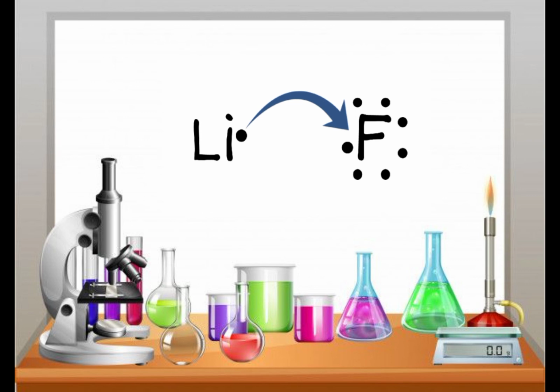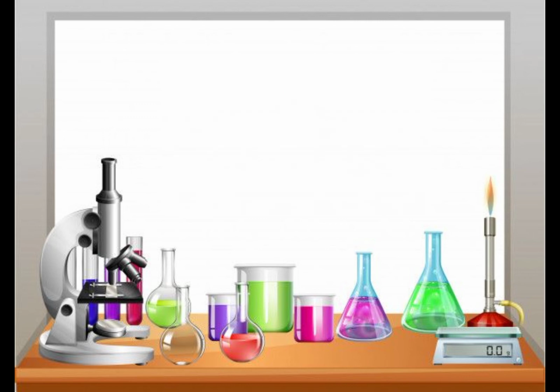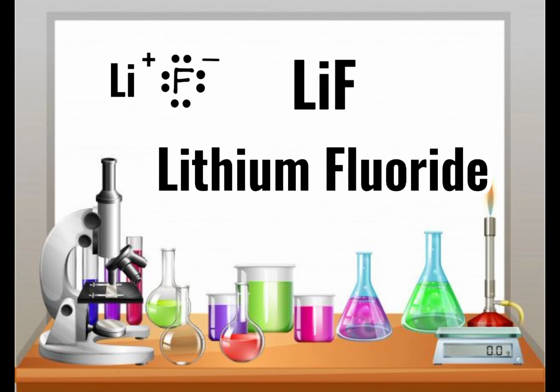Since lithium is a metal, it should give its electron to a non-metal, which is fluorine. Fluorine needs to accept the 1 electron to have 8 electrons to apply the octet rule. Then, lithium can be written as Li positive and fluorine as F negative, and it becomes lithium fluoride.